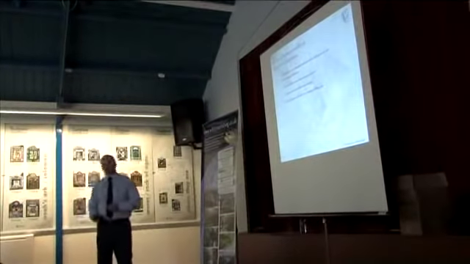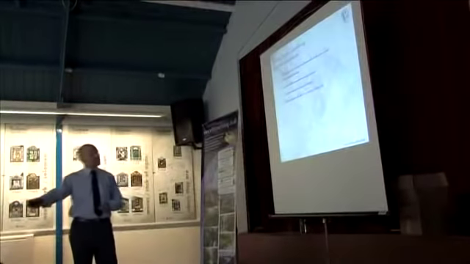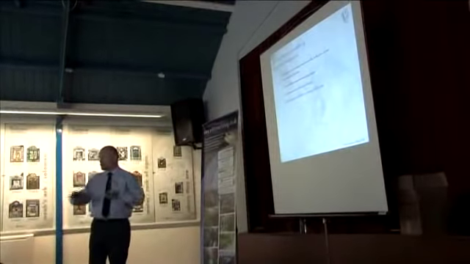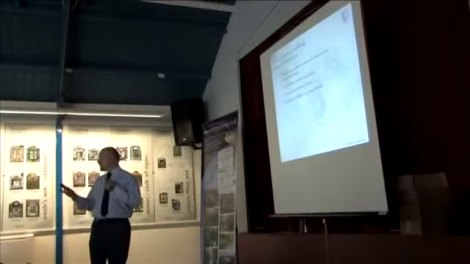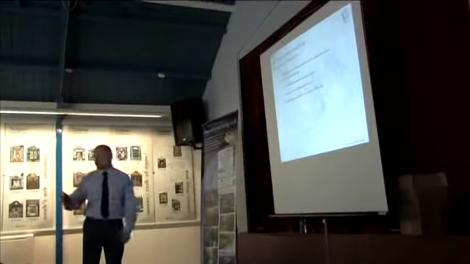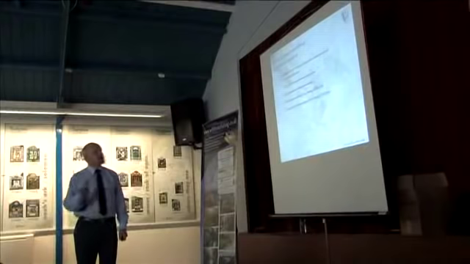Hybridization will affect run timing of offspring. If you hybridize early and late running fish, is that a good thing? If you take all your brood stock at the back of the season, are you getting early running fish and late running fish, or are you getting both of them and crossing them? And what are the consequences of that? Change in the environment may affect the timing of the offspring.